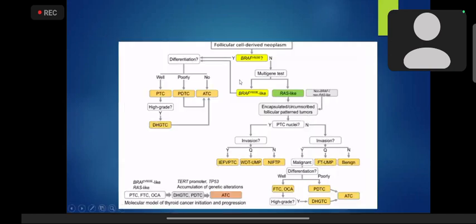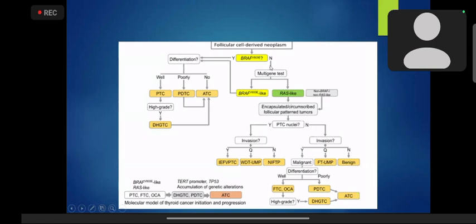So when they see a follicular derived neoplasm in pathology or on a molecular basis, what do they see first? BRAF V600E. If BRAF V600E is present, then is differentiation present or not? If differentiation is not present or poorly differentiated, then it is poorly differentiated thyroid cancer, if not, anaplastic.